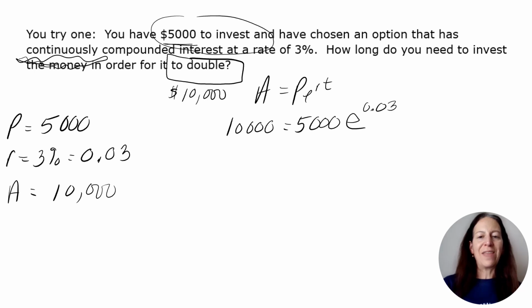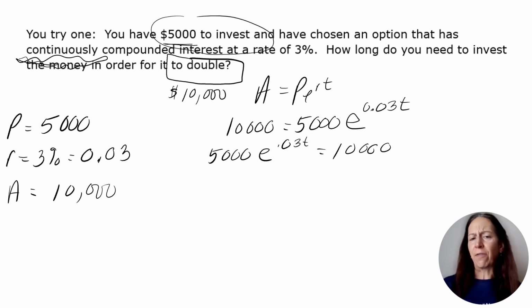And the thing that I'm looking for is t. So this is an exponential equation. Now, for some of you, you might like it better if you just switch the order around here, and you just put the 10,000 on the right instead of the left. That is entirely up to you, whether or not you want to do that.